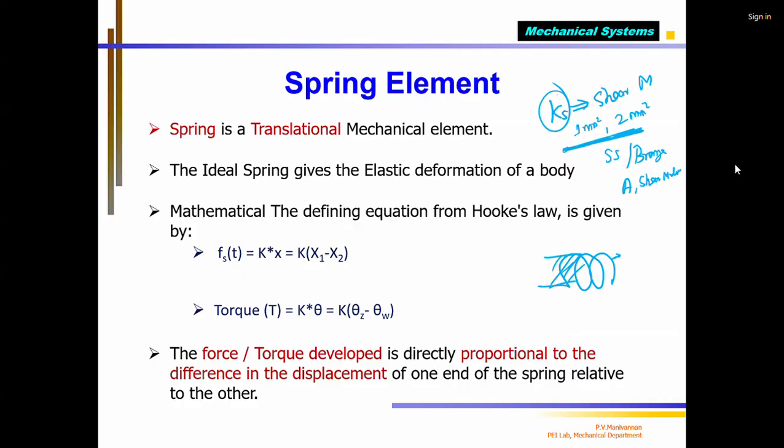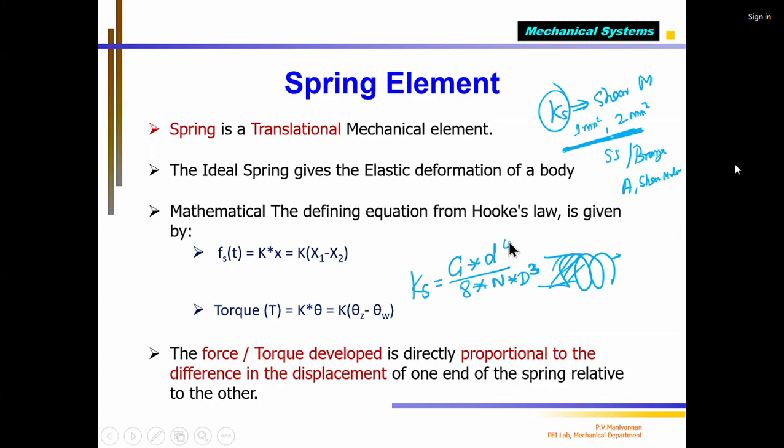I think if I remember correctly, Ks equal to G into d power 4 divided by 8 into N into D cube. What are these?